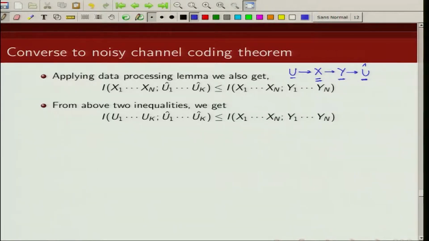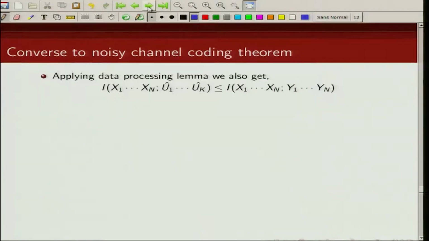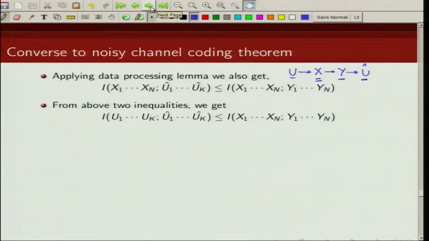Again this follows from the data processing lemma. So if we combine these two results, let's call it A and call it B. If I combine A and B, what I get is this condition, that mutual information between u1, u2, uk and u1 hat, u2 hat, uk hat is less than mutual information between x1, x2, xn and y1, y2, yn.